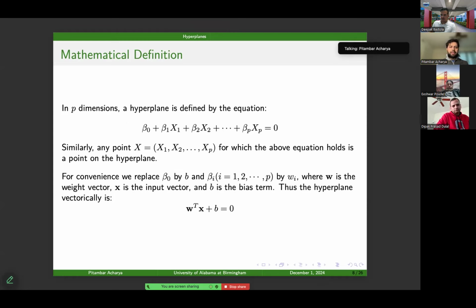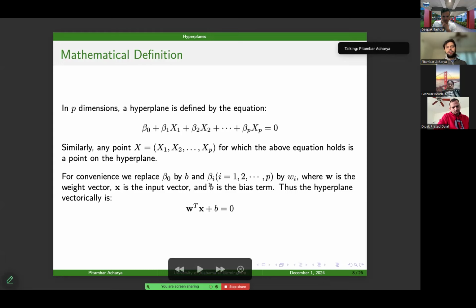If I replace b0 by b and b1, b2, up to bp by w1, w2, and wp, and write this in vector notation, I use the bold letter w, and x is the input vector. x is in component form x1, x2, a column vector, and b is a bias term.